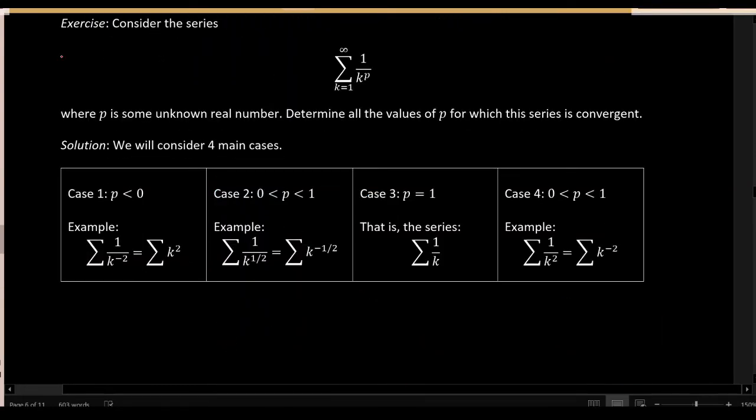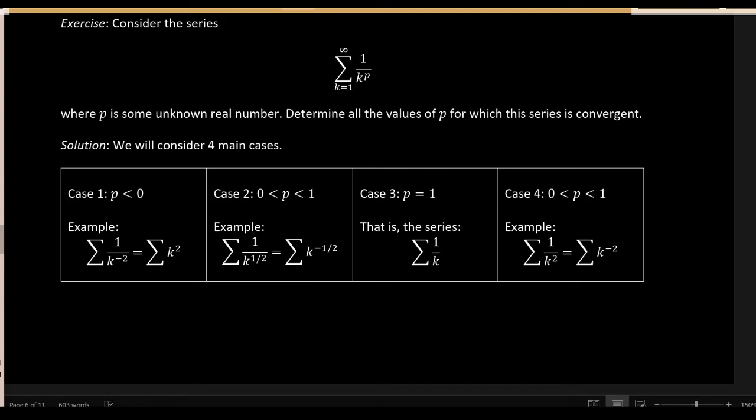At this point, I want to get started on a very useful but lengthy exercise. What I'm going to try and do in this exercise is determine convergence/divergence of a whole bunch of different series in one argument. I'm going to try and determine convergence/divergence for every series of the form 1 over k to some power.